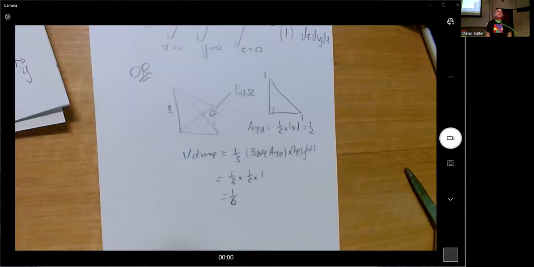Yep, it's a third. Archimedes, I think it was Archimedes, some ancient Greek philosopher, famously had on his tombstone a picture of a pyramid inscribed in a cylinder, because the thing he was most proud of was proving that the volume of a cone is a third the volume of the matching cylinder, which is the same as how pyramids work.